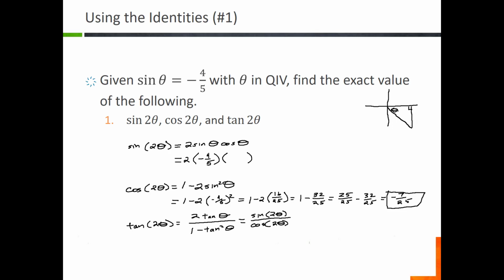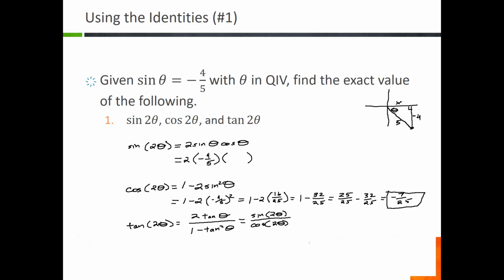And because this is sine, we know sine is the opposite over the hypotenuse. So I know I have a 4 and a 5, but it is a negative 4/5. And since it's negative, we're going to put the negative with the 4, because 4 units down would put me at the end of my angle here.